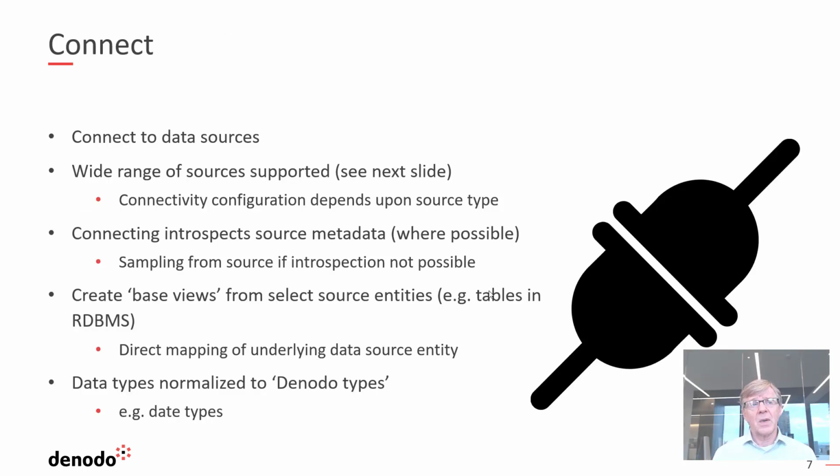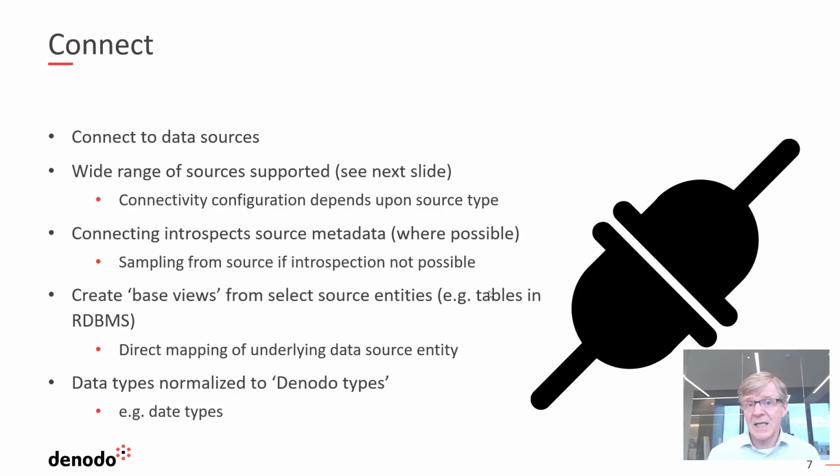So a very, very broad range of data sources that you can actually connect to from the data virtualization platform. When you connect to these data sources, you build what we call base views within the data virtualization platform. What actually happens is you connect to one of these data sources, you specify the data entity, the data object that you want to access, and you build a base view which is a direct representation of that underlying data entity.